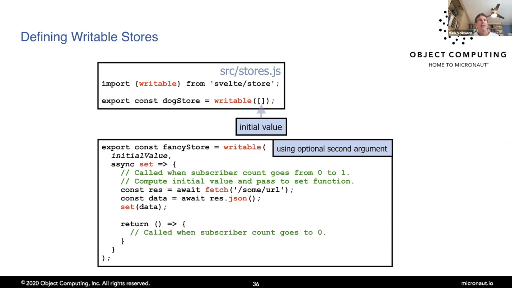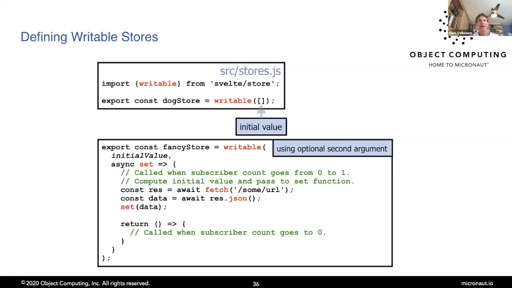If I want to make it a little fancier, like for example, let's say I want to get the initial set of dogs from a REST service. Well, I can do it in the second way where I pass it not only an initial value, but also a function. And that function can be async if I want it to. In the case of calling a REST service, that's convenient. So now I can use the fetch API and make my REST call.